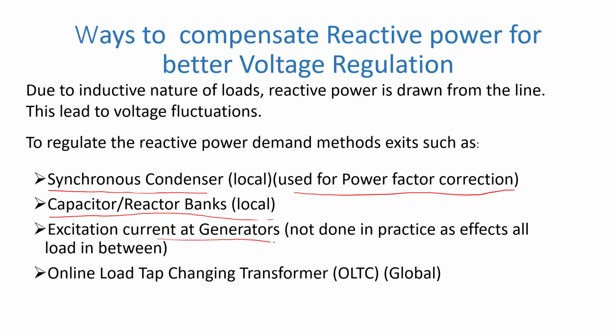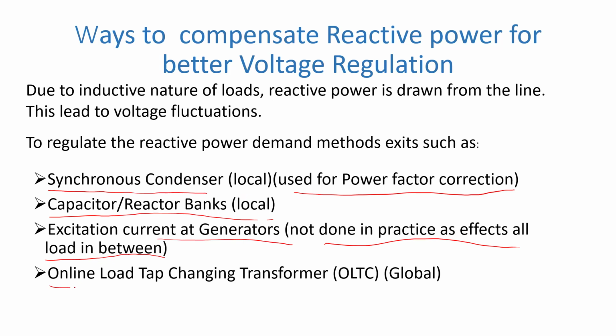Excitation control of generators is not done in practice, as this affects loads in between. So excitation control of generators will not be exercised. Capacitor and reactor banks also work locally. Synchronous condenser also works locally.